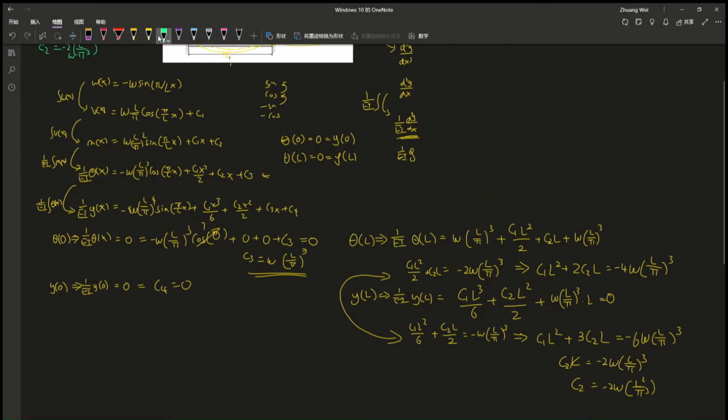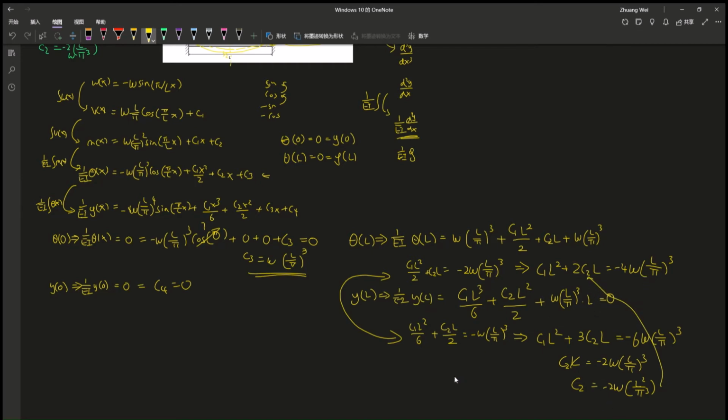We just need to plug in and find what C1 is. If you try it, you already know that C1 is 0, because you plug this number back into here, so that's 4, and you plus 4 on both sides.